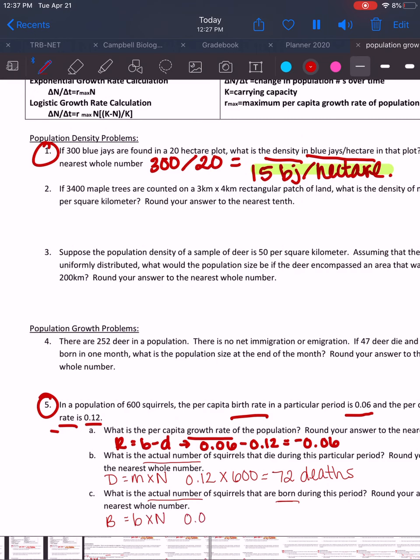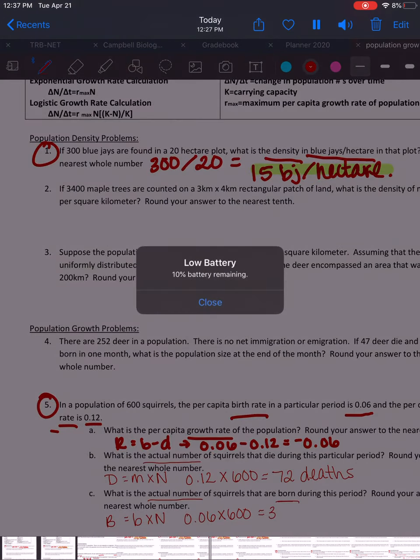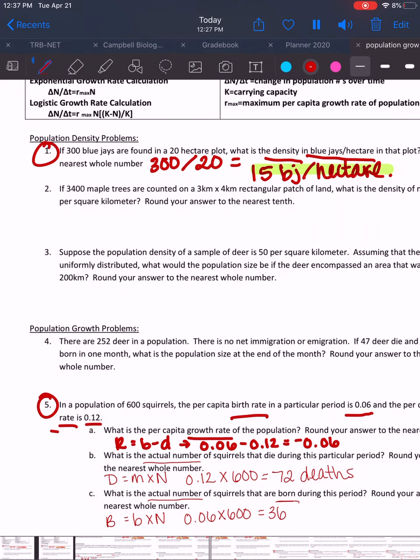So 0.06 times 600 is going to give me a whopping 36 births. As you can see, way more squirrels are dying compared to what is actually being born. Sad. Okay, I'm going to move right along to our next section.